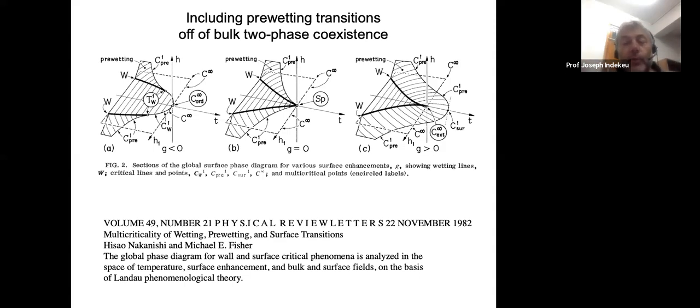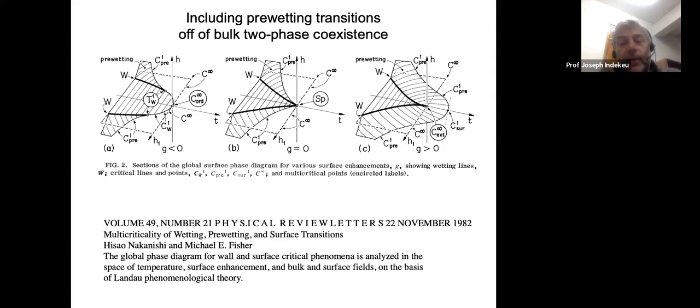And if you would do that, you would converge to a state which is wet, in which the thick film of the pre-wetting transition has a thickness that grows and grows indefinitely as you approach bulk two-phase coexistence.